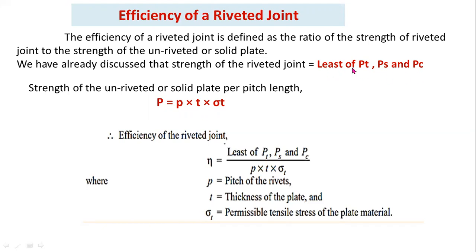So you have to consider the least value of PT, PS, and PC, divided by the strength of the unriveted or solid plate, that is P into T into sigma T. This is the efficiency formula for riveted joints. For determining the efficiency of the riveted joint, first you have to determine the PT, PS, and PC values.